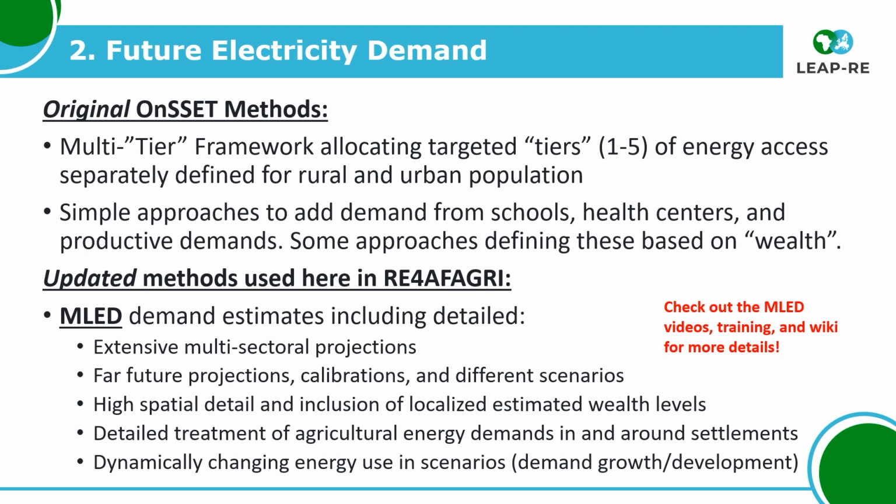It also has much more detailed wealth estimations with different characteristics of demand of these wealth sections, as well as projections and calibrations into the future for the different scenarios we modeled. We also here have dynamically changing energy use in these scenarios. For example, the demand of a single household may grow over time as wealth improves into the future.